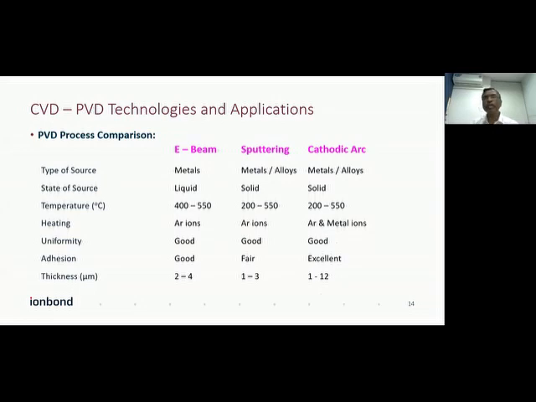In cathodic arc, the bombardment is with the argon ions as well as the metal ions, say of titanium or chromium, and due to the high temperature and the high energy of the ions, those get embedded inside the material first, and then the coating starts on that. So the adhesion levels are excellent in the case of the cathodic arc technology.